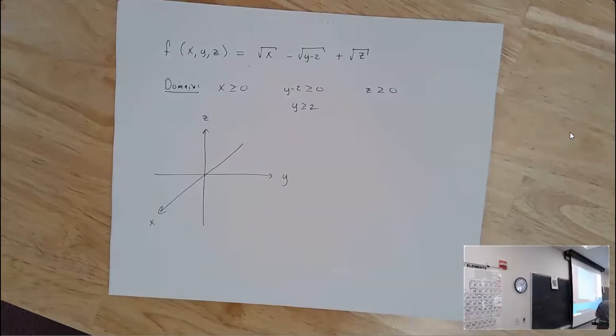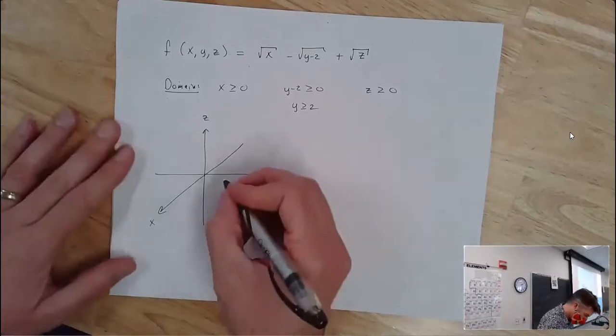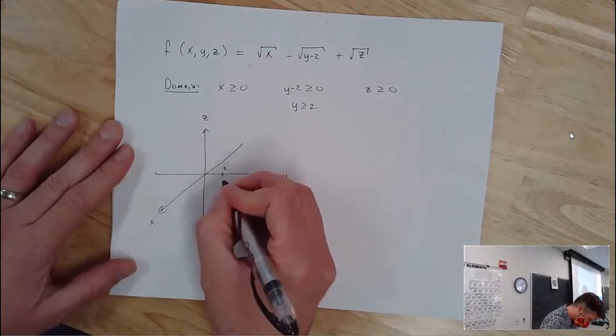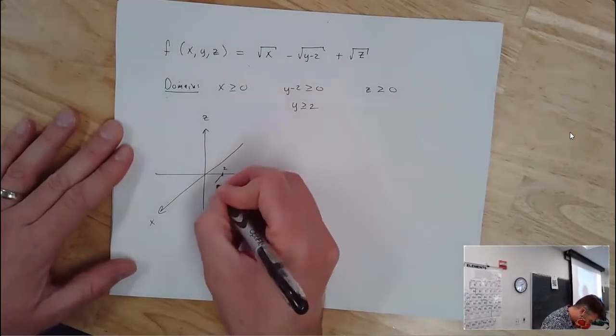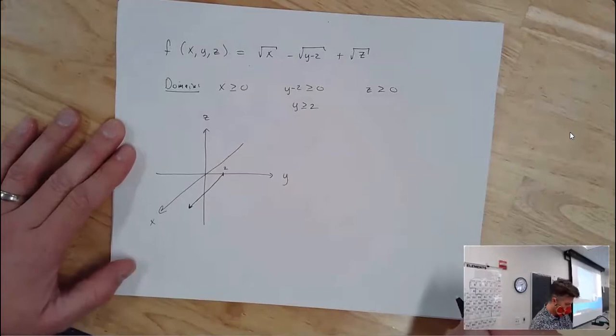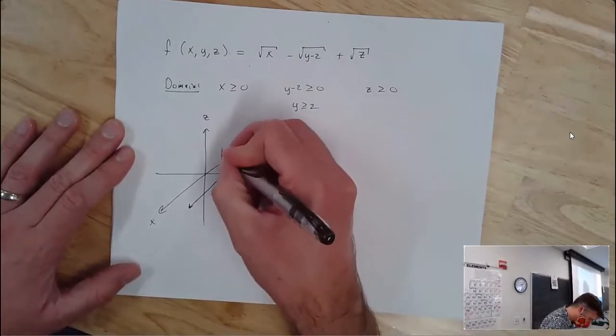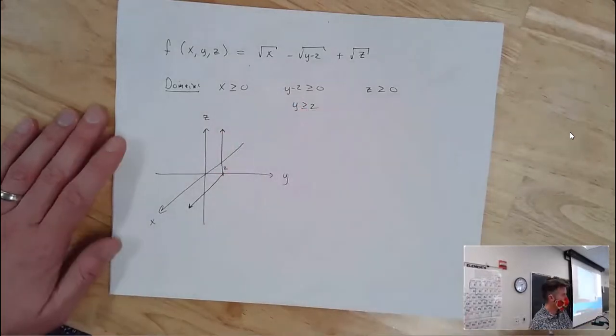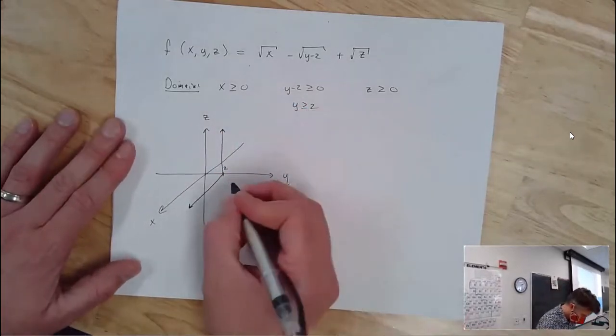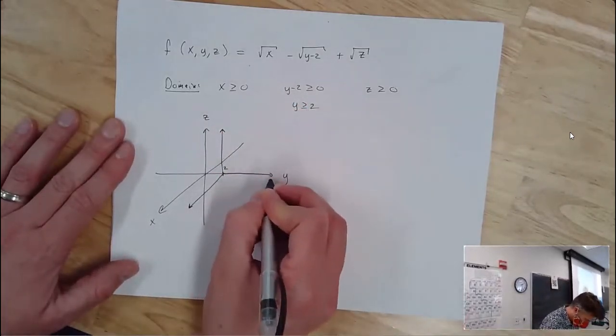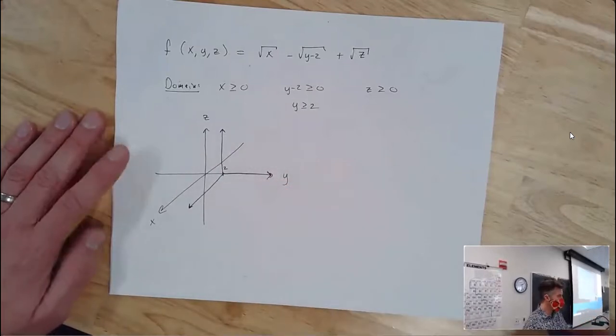And if I want everything where y is bigger than or equal to 2, I want everything in the right half of y equal to 2. So I'm limited by, let's say that's 2 there. I have to be in this direction, because x has to be bigger than 0. I have to be in this direction, because z has to be bigger than or equal to 0. And I have to be in this direction, because y has to be bigger than or equal to 2.